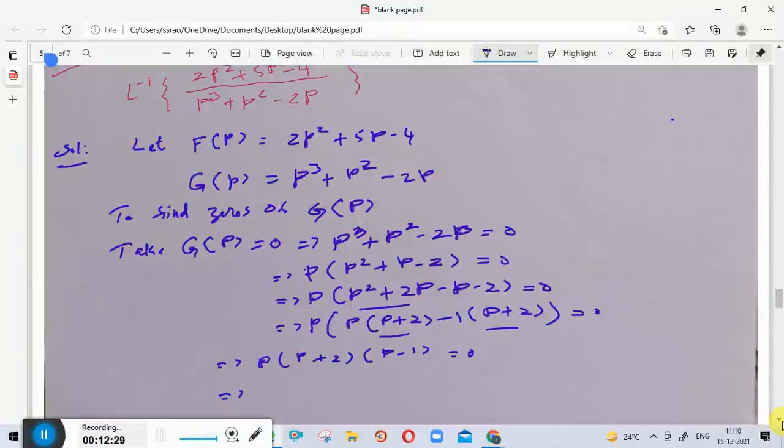That implies p is equal to 0. If p plus 2 is 0, then p is equal to minus 2. Similarly, if p minus 1 is 0, p is equal to 1. So p is equal to 0, minus 2, 1. These are the roots of g of p. But these three roots are distinct.